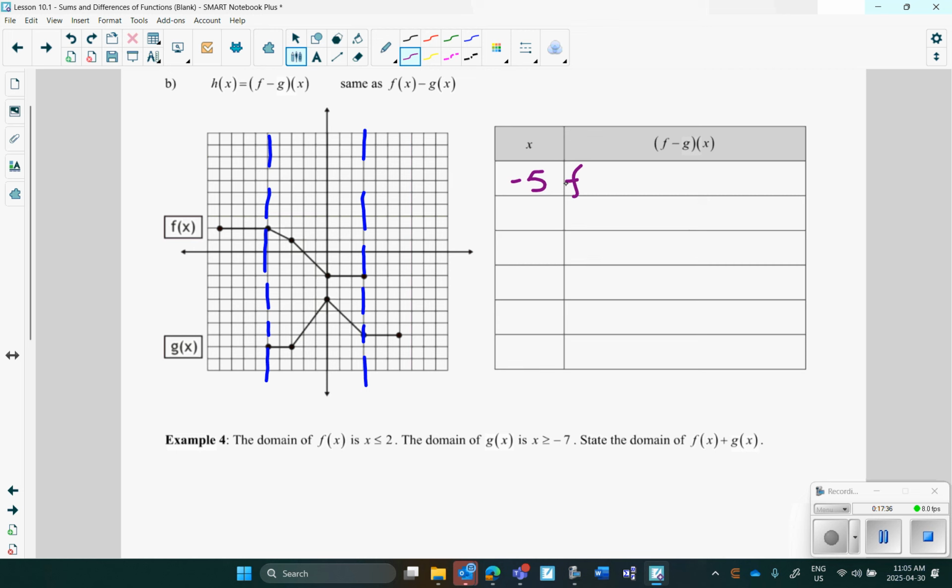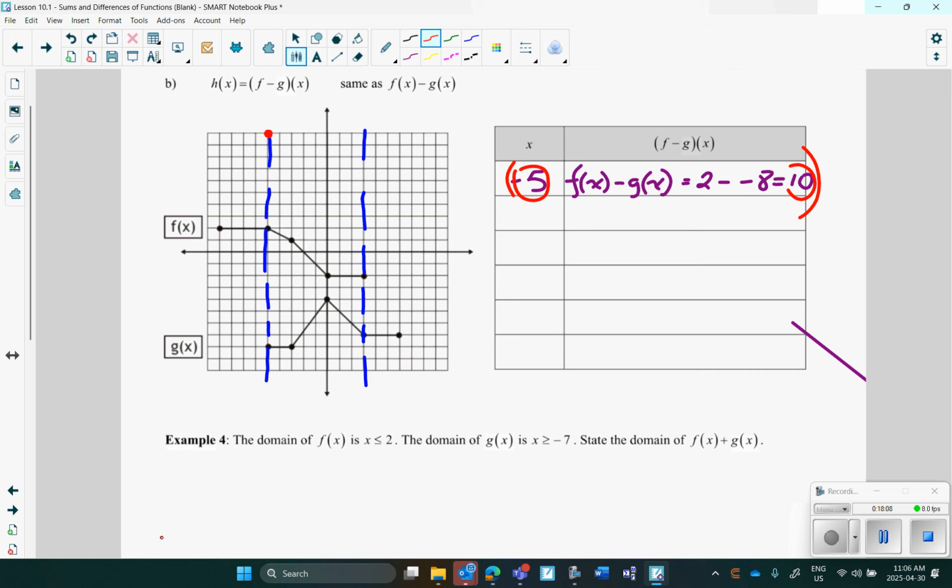I'm going to do f of x minus g of x. 2 minus, be careful with this, -8, which becomes 10. Right? Because it's 2 subtract -8. So you've got to watch out for that. So we get -5, 10, all the way up here.